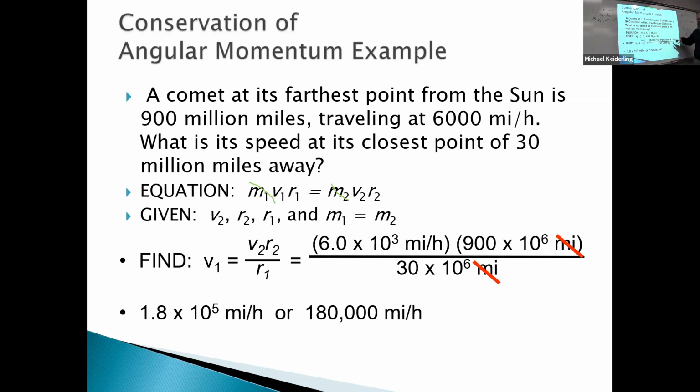Miles cancel, so we're left with miles per hour. The millions cancel. And you will get 6 times 900 divided by 30, which gives you 180 times 10 to the third, which is 180,000 miles per hour, or 1.8 times 10 to the fifth miles per hour.